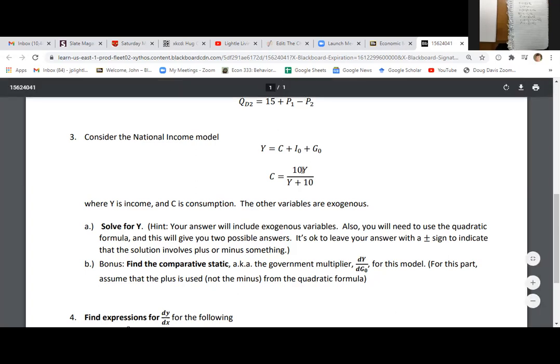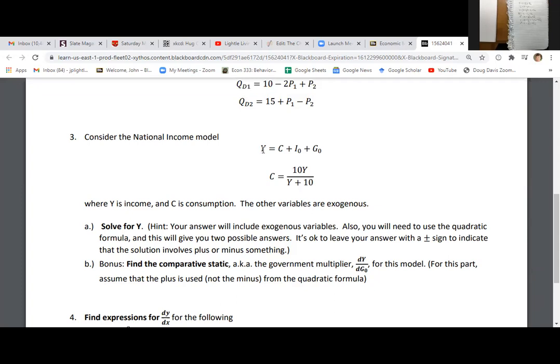By plugging this in, you'll have eliminated c. That's good. But what you'll have is a y squared term, a linear term, and a constant term. Then you have to use the quadratic formula, which, if you don't remember it, is on my slides.